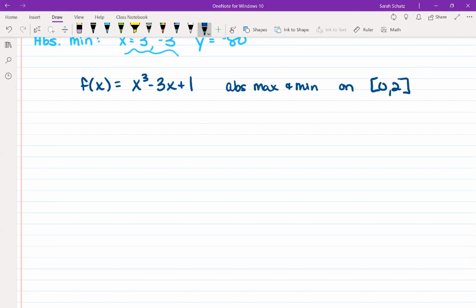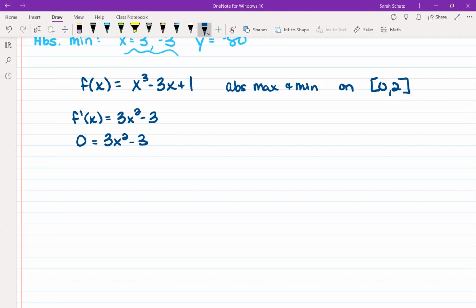So what's my first step? Take the derivative. So I get 3x squared minus 3. And my second step is to set that derivative equal to 0. This is a squared function, but notice I only have 2 terms. I don't have that middle x term like I usually do.